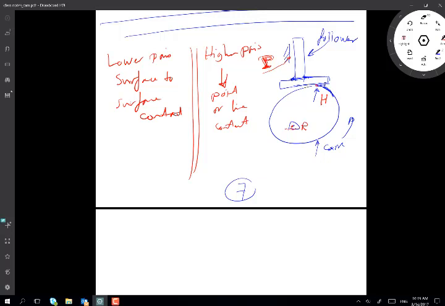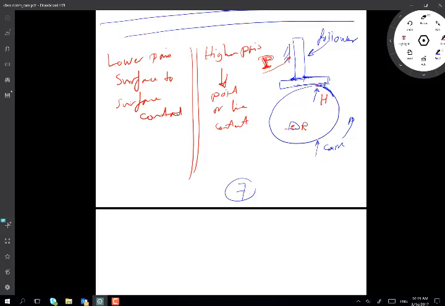But we also have higher pairs, which occur when you have a cam with a follower such as this one, or two gears meshing together, because they touch each other on a line, for example, or a point contact, theoretically speaking. That's why we call them higher pairs.